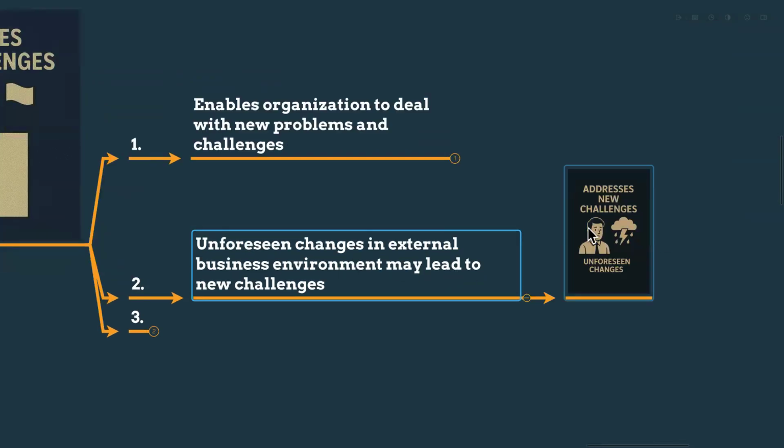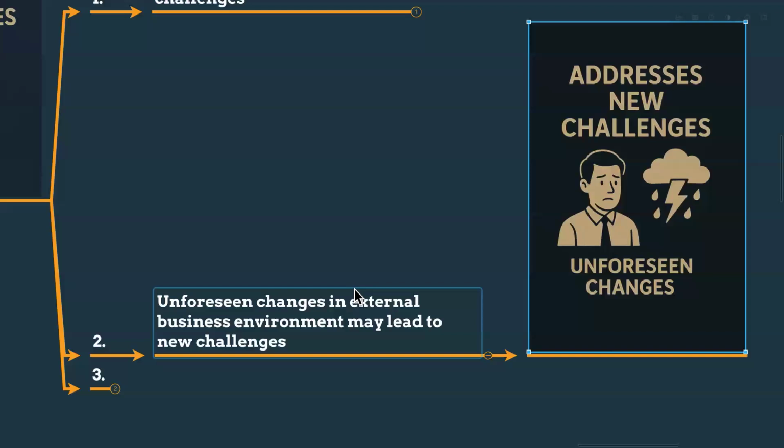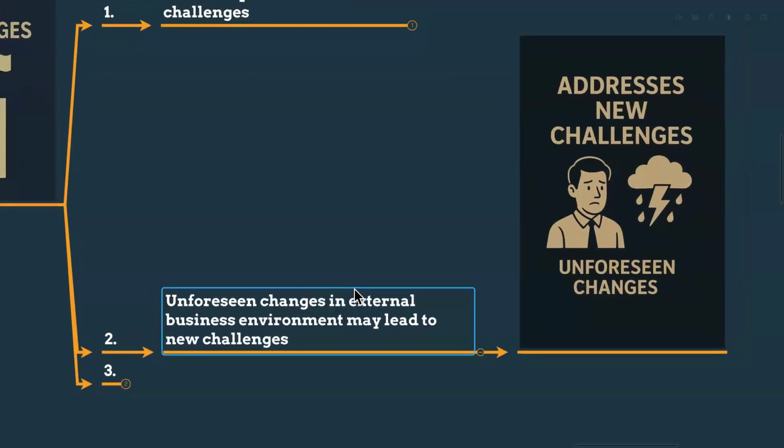And unforeseen changes in the external business environment may lead to new challenges. Sometimes a government can ban dine-in customers in traditional restaurants. So you will face that as a challenge, right? You have to quickly start home delivery using three-wheelers.